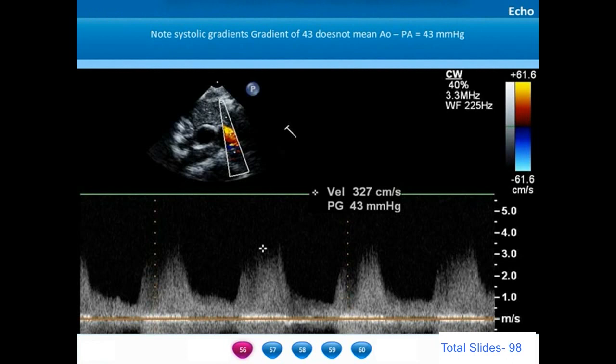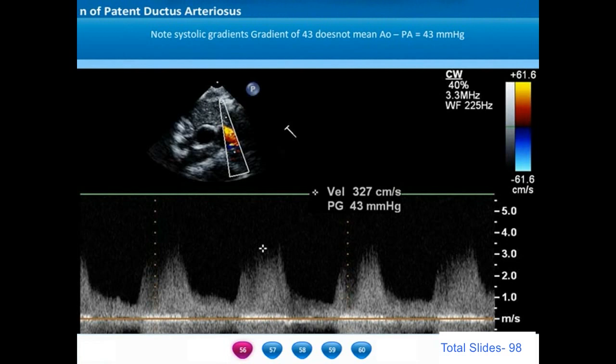The ductal peak systolic gradient will falsely be exaggerated due to the large flows and its high velocity. However, what is useful is the end diastolic gradient. You notice that in end of diastole, the gradient from the aorta to pulmonary artery is less than 1 meter per second, which means the diastolic pressures in the aorta and pulmonary artery are more or less similar.